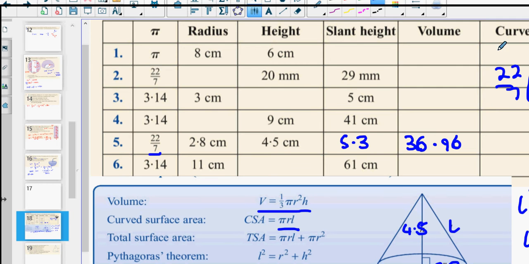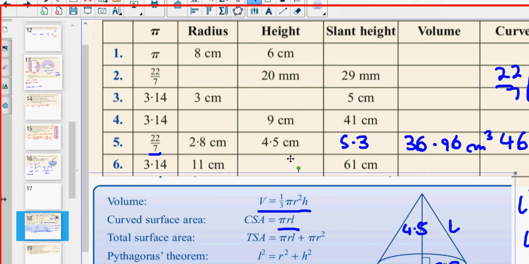And what you get for that, Joe? 46.64 centimeters squared, because it's, what is it? It's an area. So questions 1 to 6 are very similar. Do you got it? Just grab the formula, use the formula. Okay, let's move on. I'm going to grab this, cut it, and move on.